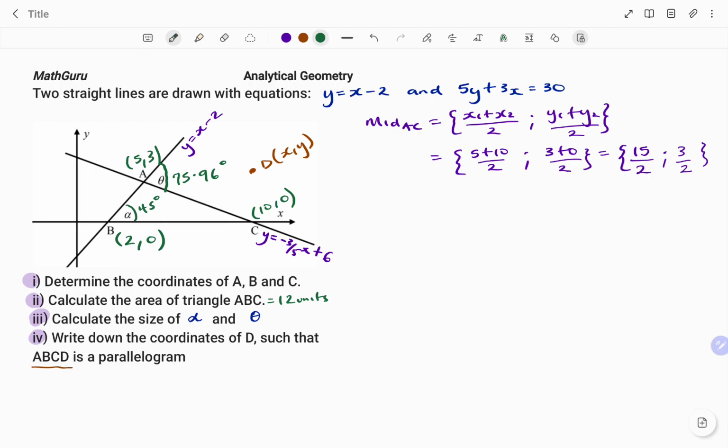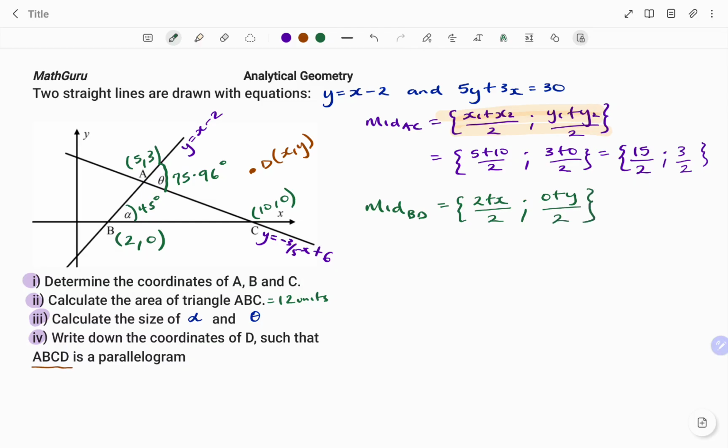So therefore, going to the midpoint of the line BD, that's the other diagonal of the parallelogram, using the same formula as given above, I have for BD, for the x coordinate, 2 plus x divided by 2, and then for the y coordinate, 0 plus y divided by 2.